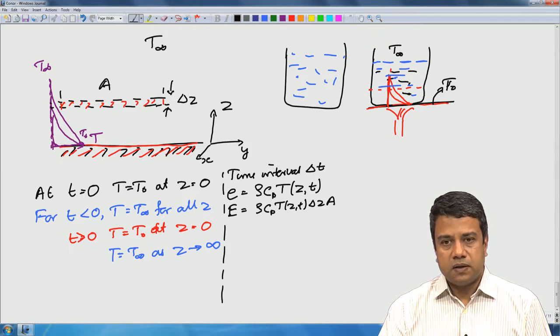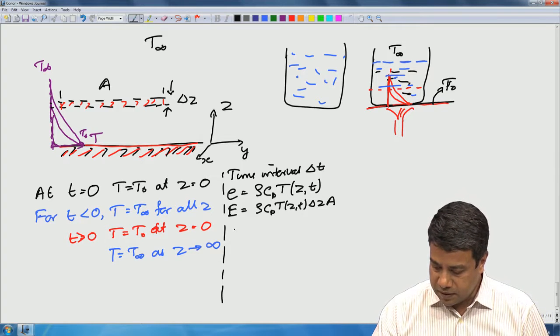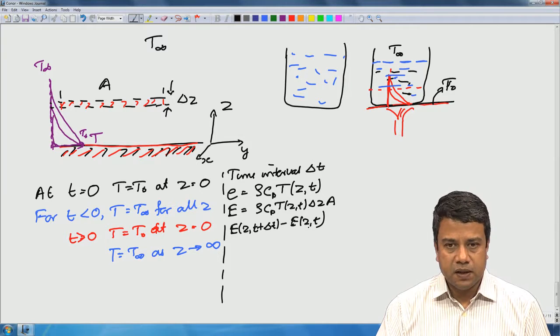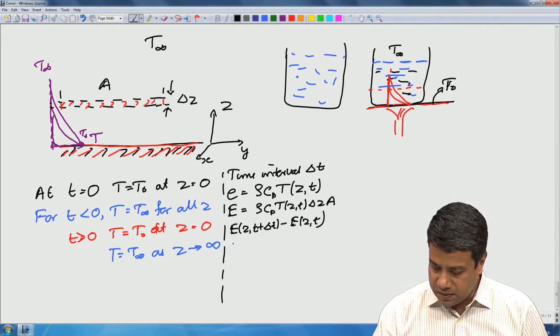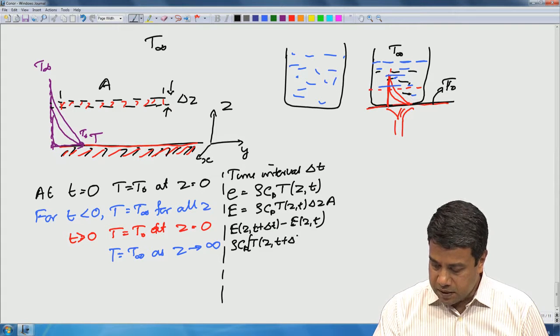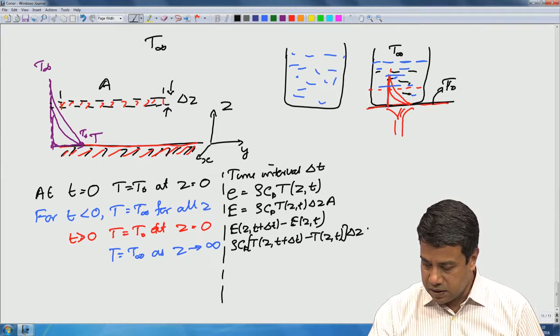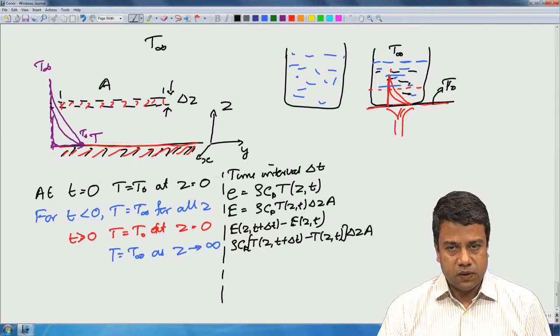Now, the change in energy within a time delta t is going to be equal to E at z, t plus delta t minus E at z, t. If we consider the density and the specific heat to be constants, then this will just be equal to rho Cp times T at z, t plus delta t minus T at z, t, into the volume, which is delta z times A. So, that is the change in energy within a time delta t.